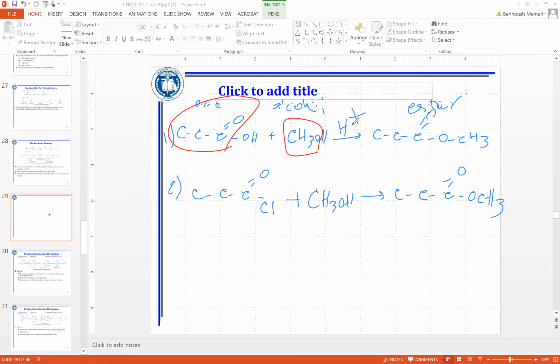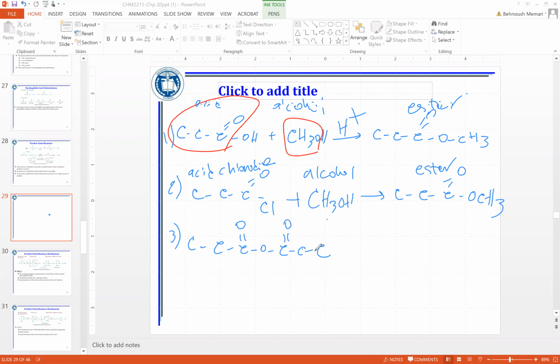So even a weak nucleophile, even alcohol, can replace the Cl, and you get ester as a product. So alcohol, and this is acid chloride. 3: if you have acid anhydride, that's another acid derivative.